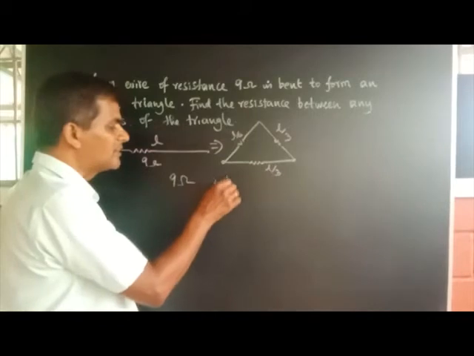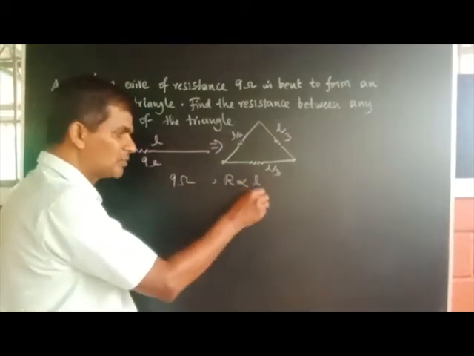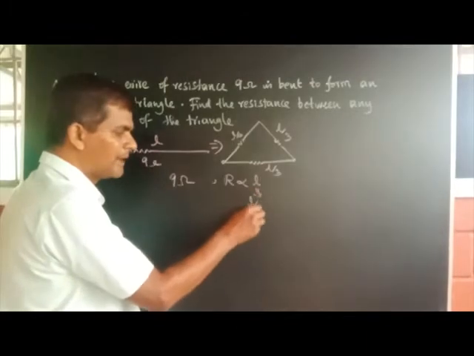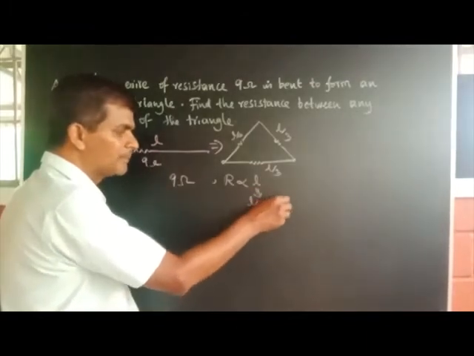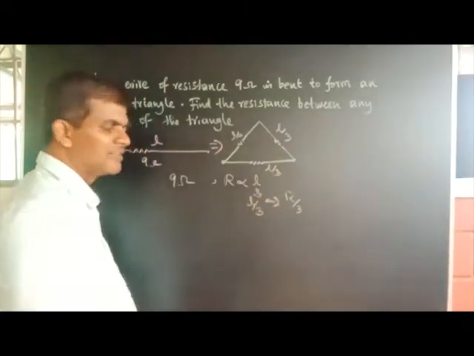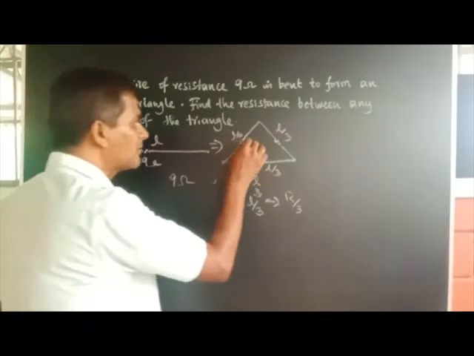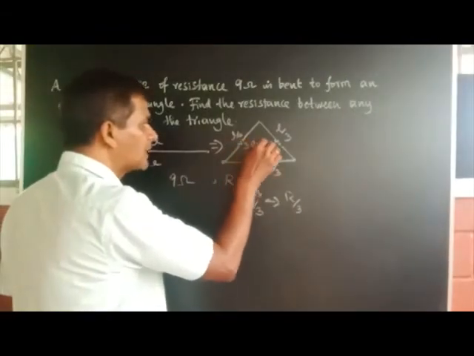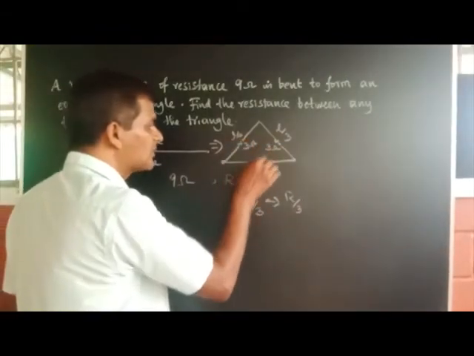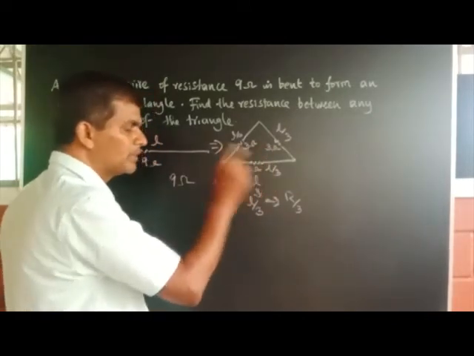You know that resistance is directly proportional to length. As the length is reduced to L by 3, the resistance is also reduced to R by 3. Like that, the resistance of each side of the equilateral triangle is 3 ohm, 3 ohm, 3 ohm.